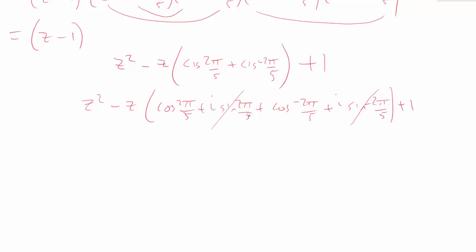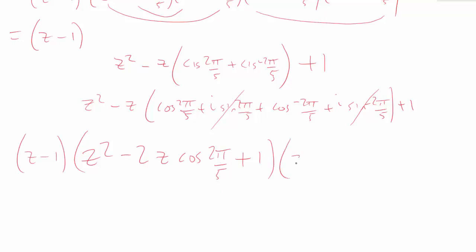The minus sign comes out. This minus sign here we can just ignore. And so I end up with z squared minus 2z cos of 2 pi by 5 plus 1. So that is one of the quadratic factors. Now it's a quadratic factor that has imaginary roots, and the other one is lovely.